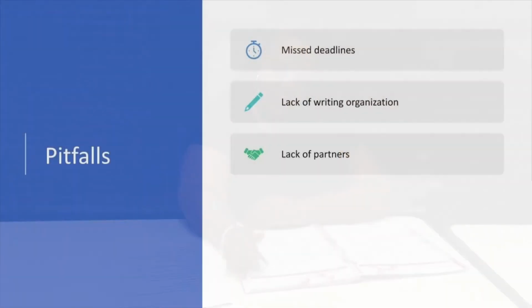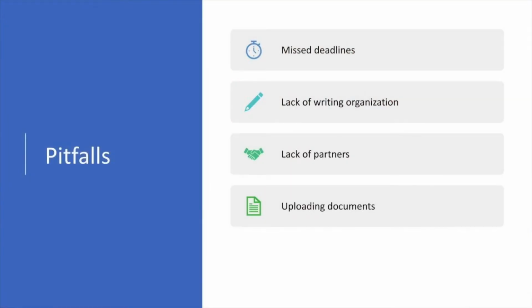I did research on Tuesdays and Thursdays, and I did editing on Sundays. Lack of partners. Understand that you don't have to be an expert on everything, so get some partners. Uploading documents. Exact means exact. So save and title your documents exactly as it's written in the funding opportunity announcement.